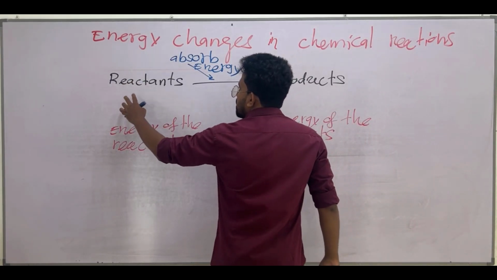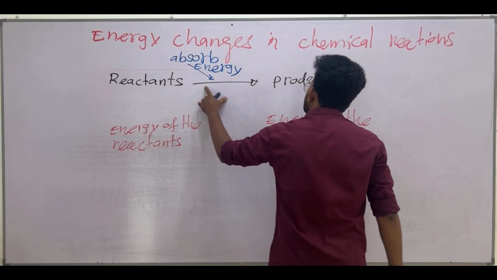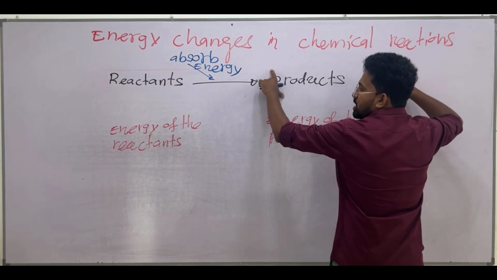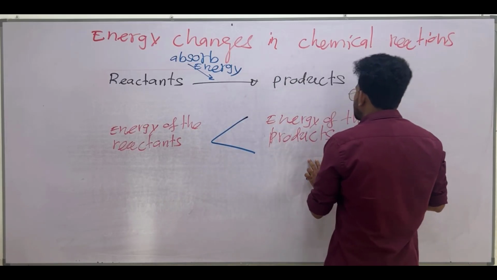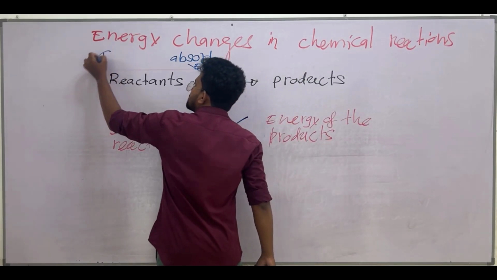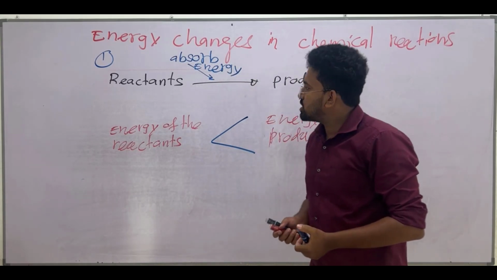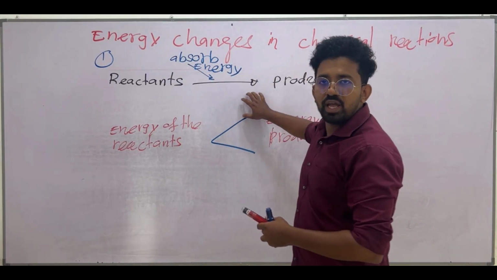Therefore, when the reactant absorbs some energy, they will produce product. It means the energy of the reactant is less than the energy of the product. So this is the first type. When the reaction occurs, they absorb energy.